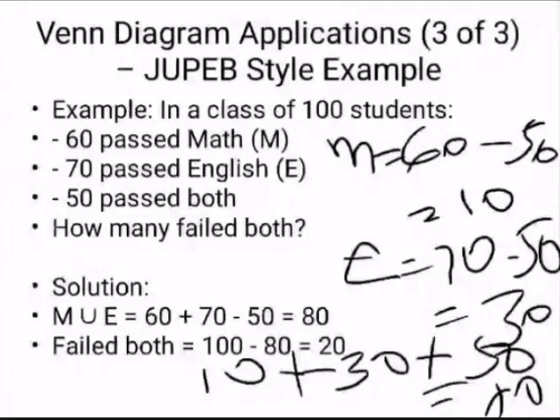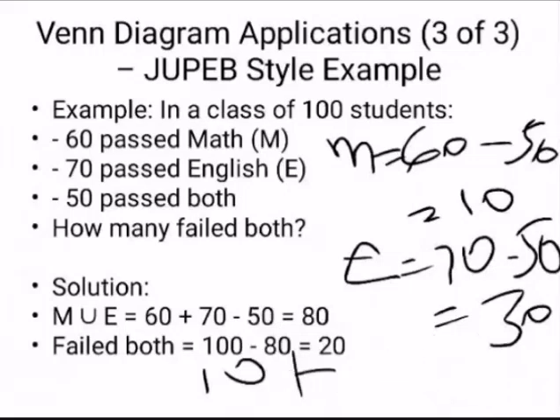We're now trying to find those that failed both. Sorry, 70 minus 50 is 20. I'm so sorry. Thank you for pointing that out. 70 minus 50 is 20.